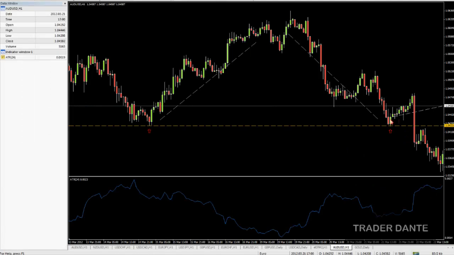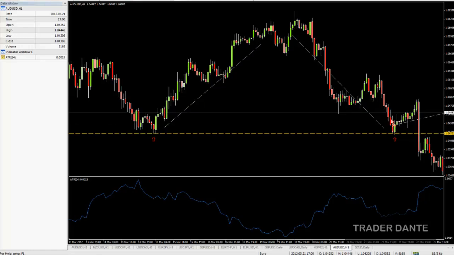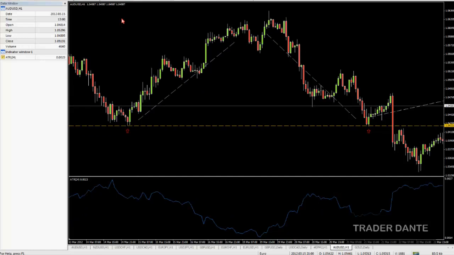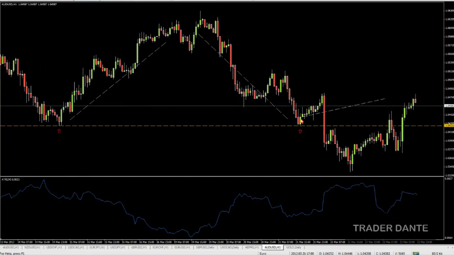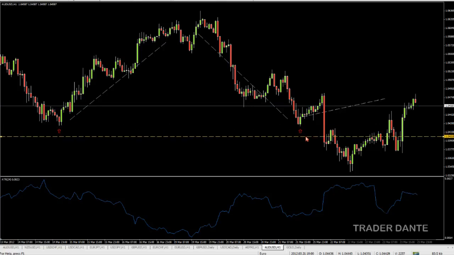When we hover over the entry candle, it's going to give us a figure in the indicator window, top left. And that figure is 18. So what I do is I simply mark the low of that candle, which is 104.20, and I subtract 18 from it. So my stop's going to be at 104.02.